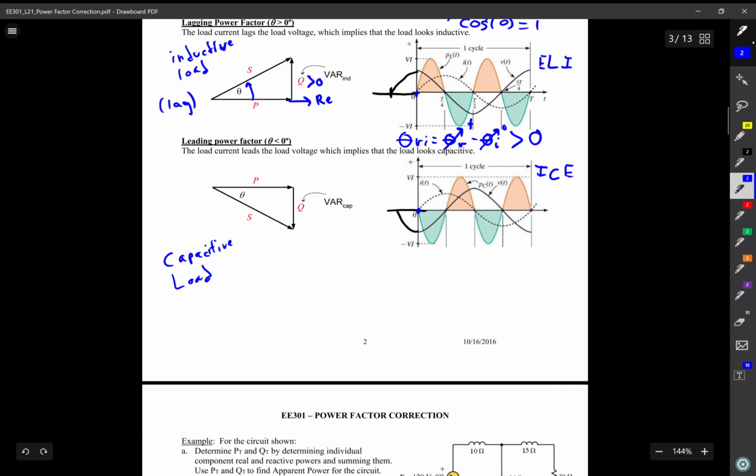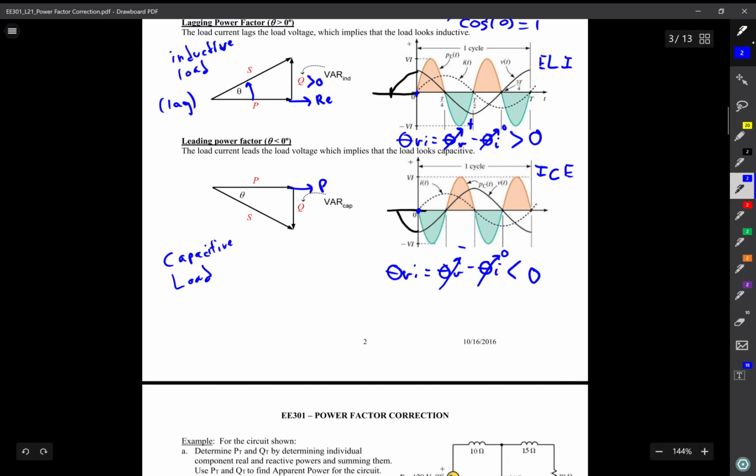And notice here that theta VI is equal to theta V minus theta I. Theta I, again, shows that the phase angle is 0. But theta V is going to be negative. It has a negative phase angle. And therefore, my total power factor angle is going to be less than 0.